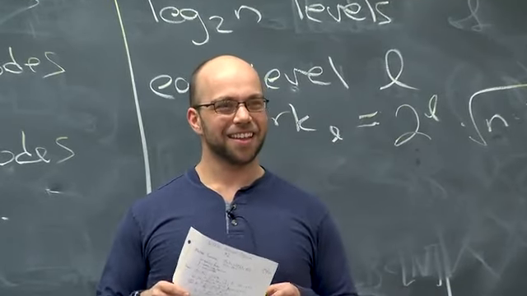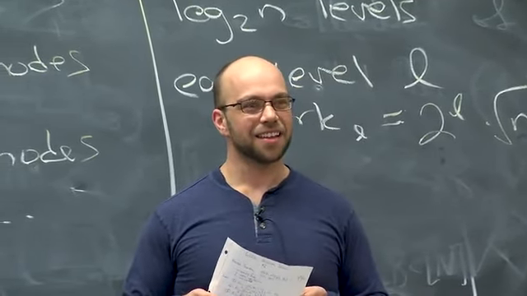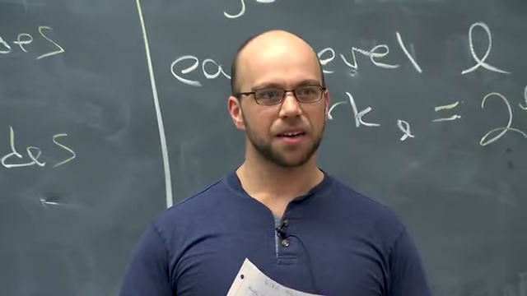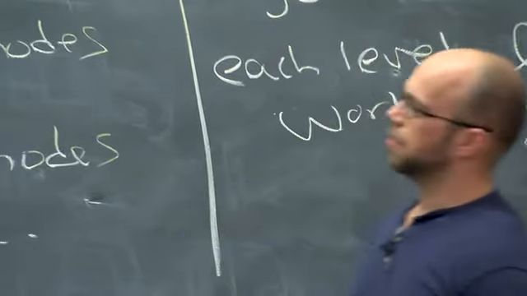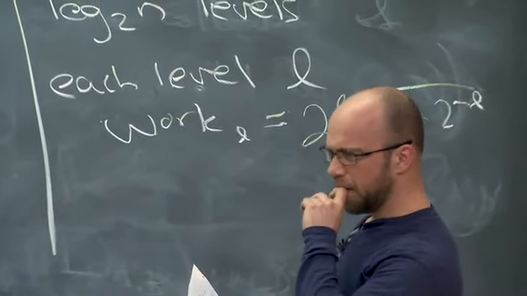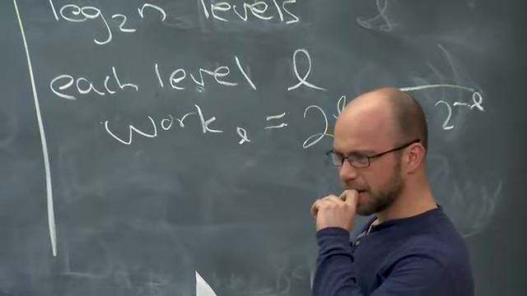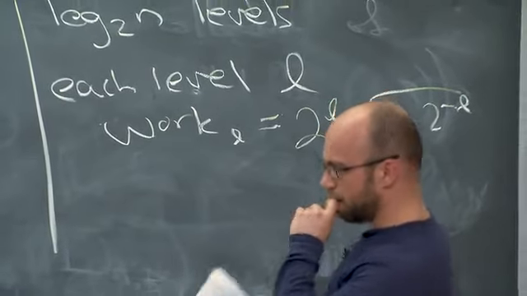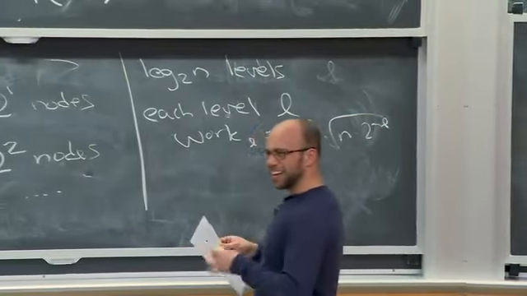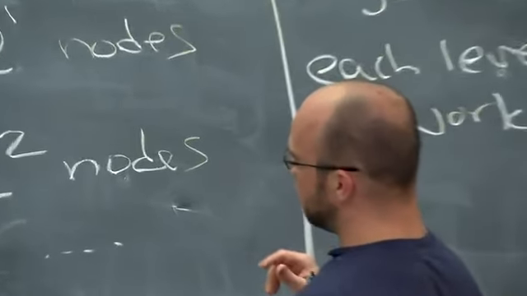Yes? So if we have log base 2 of n levels and we start indexing at 0, then shouldn't we go from l equals 0 to log n minus 1? Boy, I'm bad at this stuff. No, right? I think this is correct. Let's see. So let's say that I have n equals 2, right? Then what's going to happen?